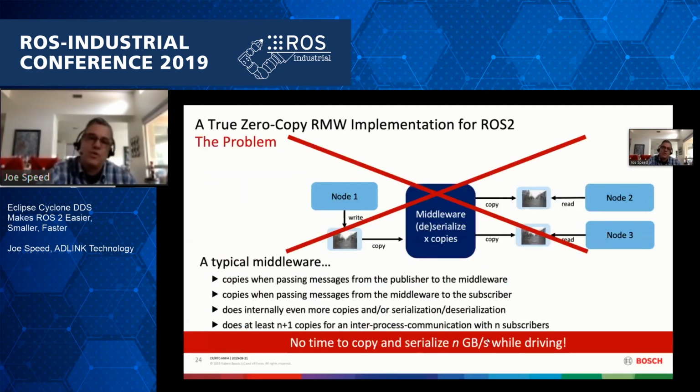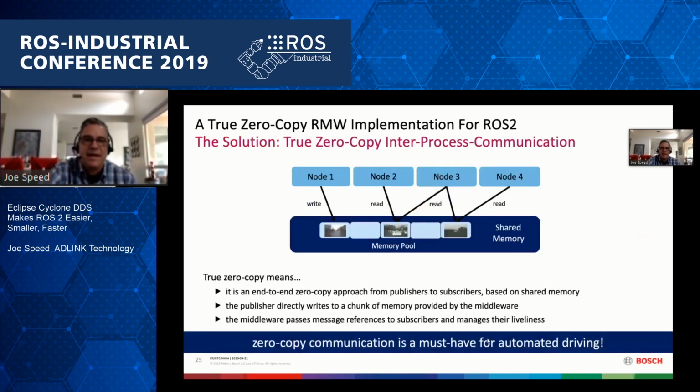With typical middleware, it serializes and then deserializes, making X copies based on the publishers and subscribers. What Iceoryx does is zero copy: it copies the data in once, and all of them subscribe to the same copy in shared memory with the memory pool.